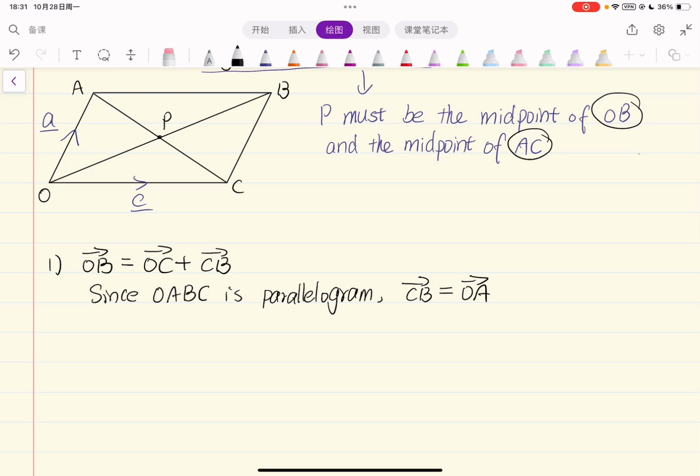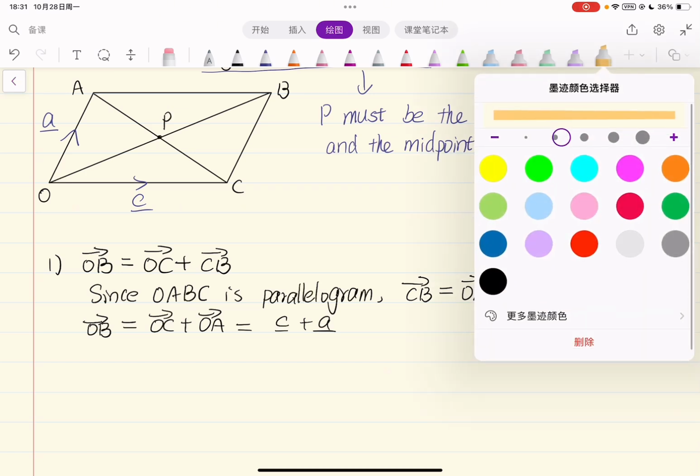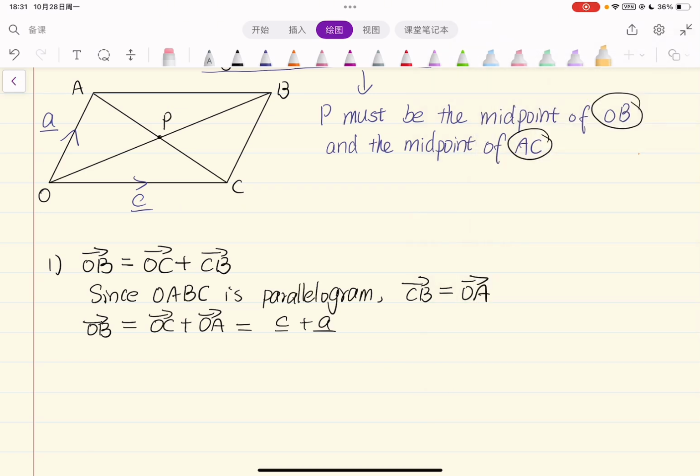So we have the vector OB equals the vector OC plus the vector OA, which equals c plus a. So we find the expression of the vector OB.